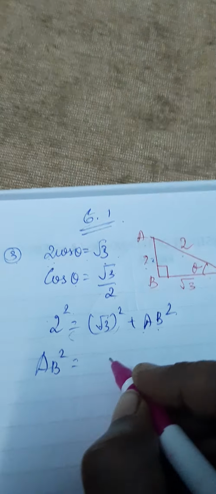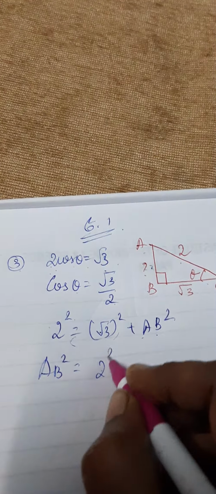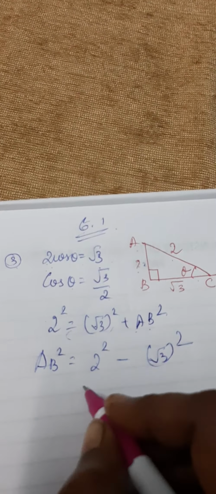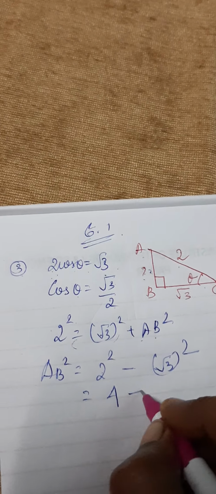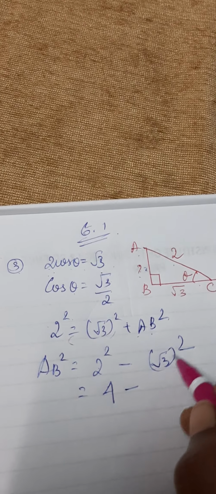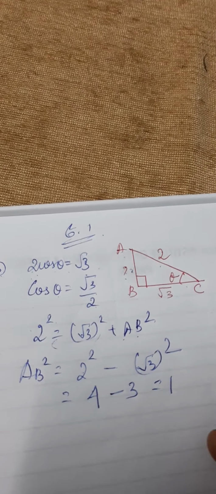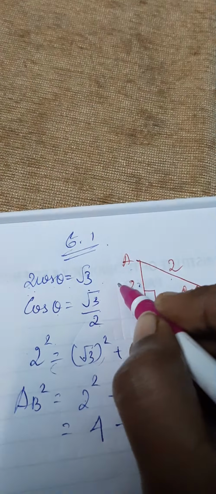That is equal to 4 minus squaring root 3, you will get 3. So 4 minus 3 is equal to 1. So that means the opposite side is 1.